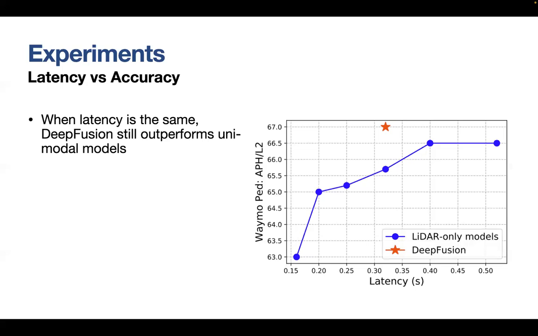Even the more complex, more computationally heavy model, at the same latency, 0.32, Deep Fusion outperforms the LiDAR-only model. So if we have the same budget, we would rather use 2 sensors than put a lot of learnable parameters into the LiDAR-only input.